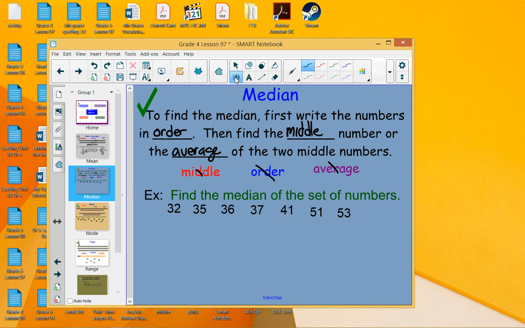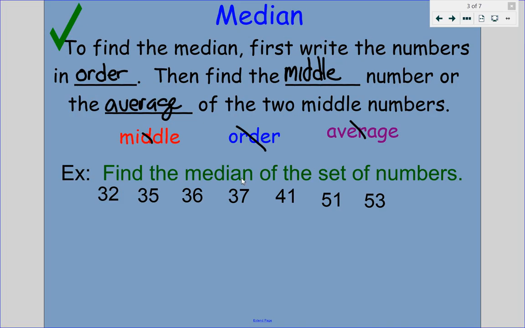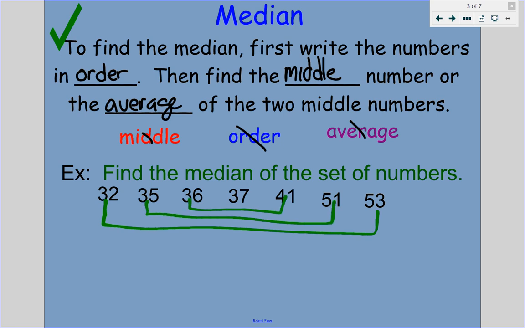So now, instead of having 8 numbers, we have 7 numbers. Let's see what it's like when we have 7 numbers and we need to find the middle number. Median, middle number. And they're all in order, least to greatest. So I'm going to start pairing them off, and look, there's a nice middle number, 37.